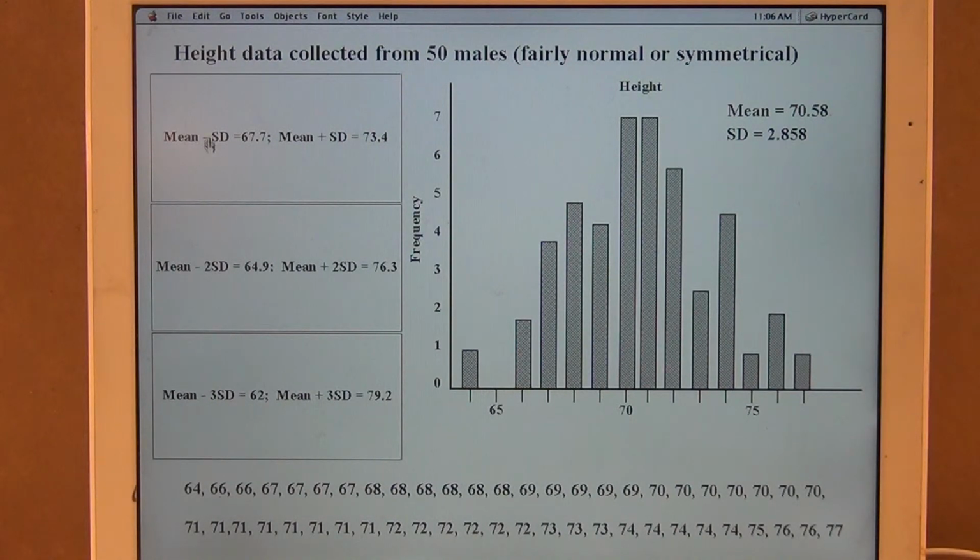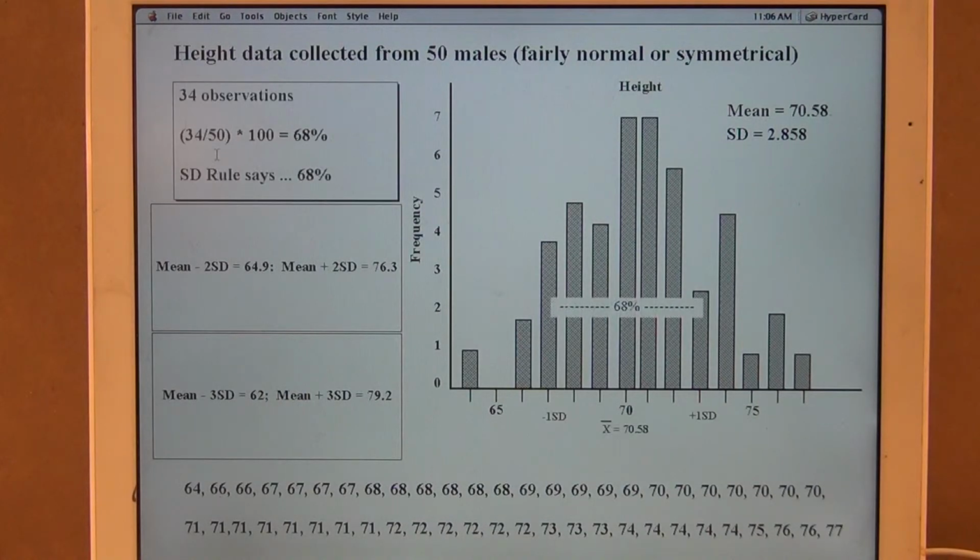Well, there are 34 observations between positive 1 standard deviation and negative 1 standard deviation. If you added them up, like this is 3.5, and this is 4.5, and this is 4, and this is 7 and 7, you would get 34 observations.